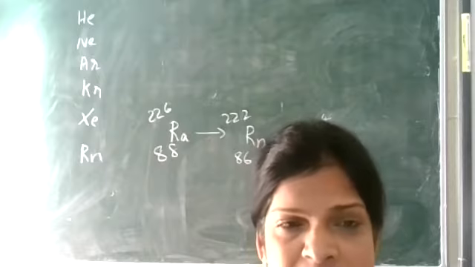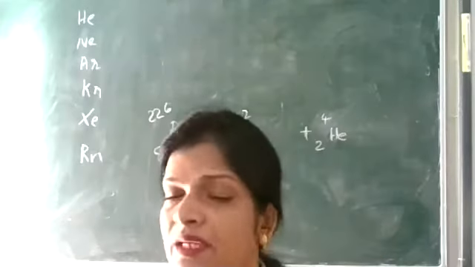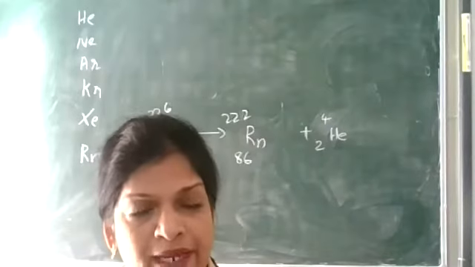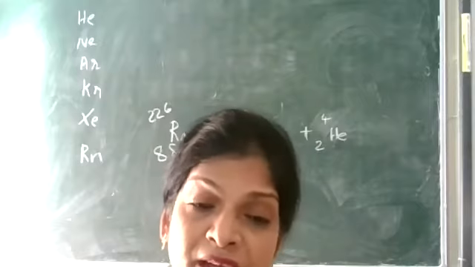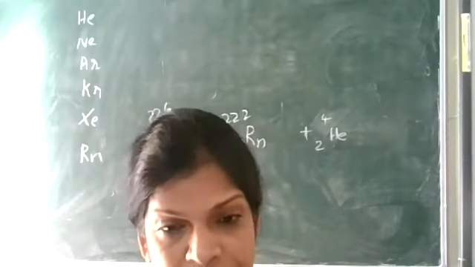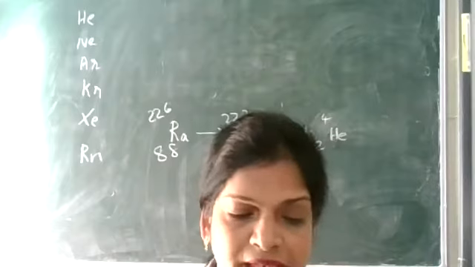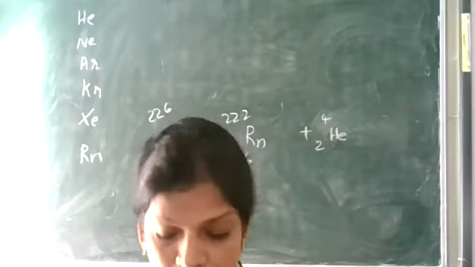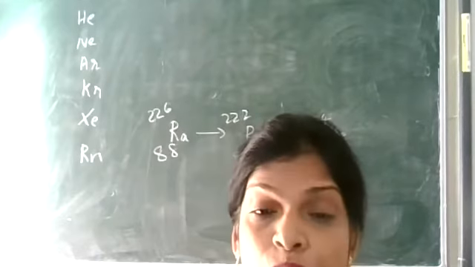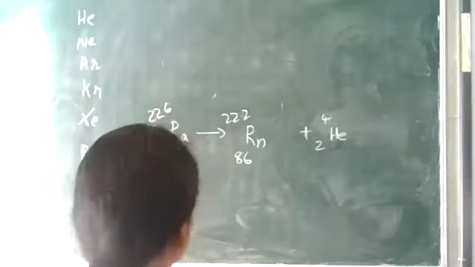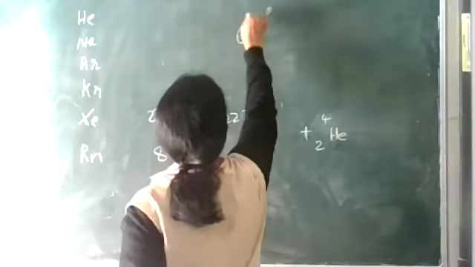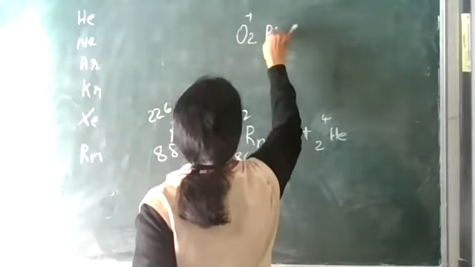Now, we said they will not react with other elements, they do not interact with other elements. Still, there are compounds of Xe, xenon. Neil Bartlett, a scientist, prepared one compound, first O2+ PtF6-.